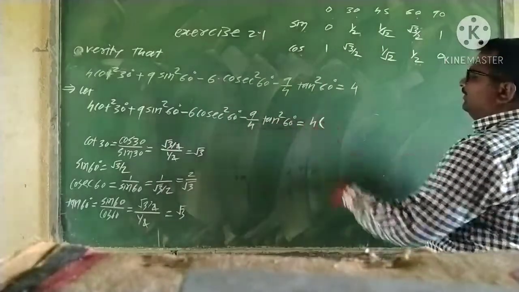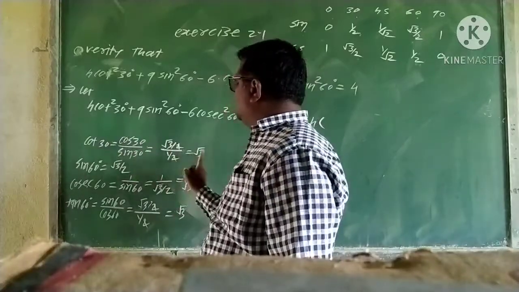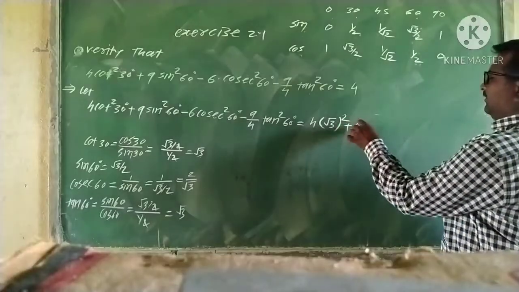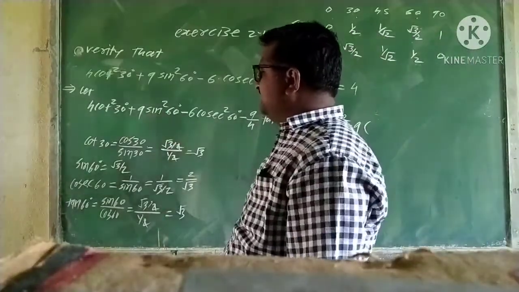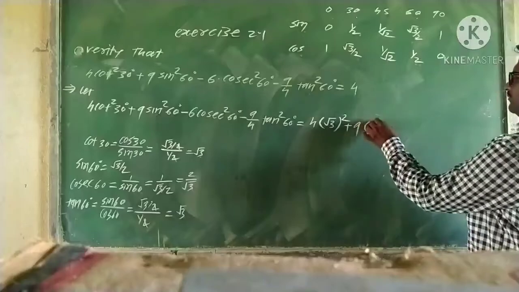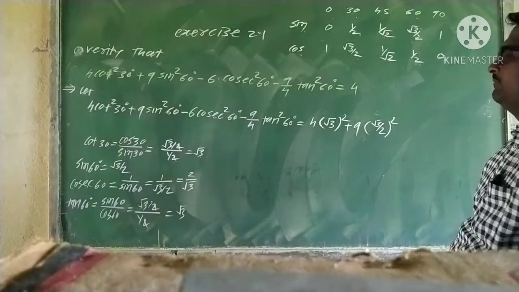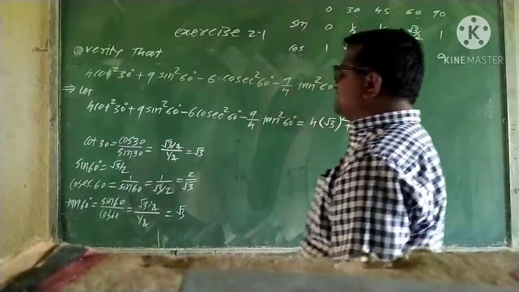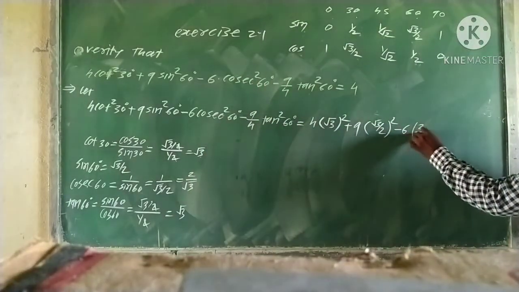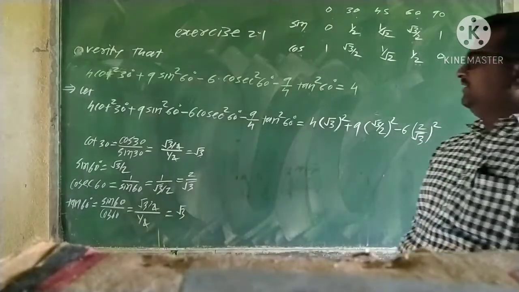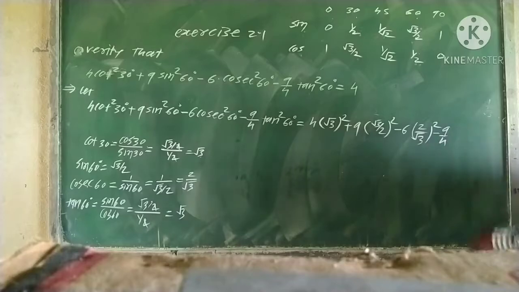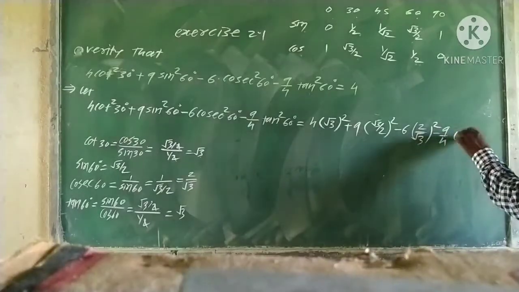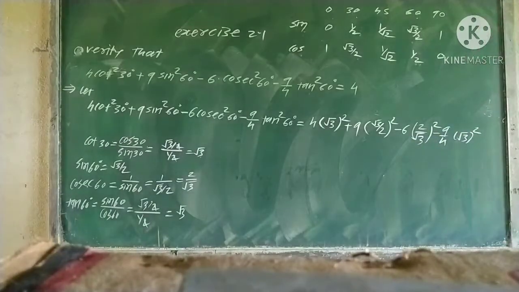So 4 in bracket the cot of 30, that is square root 3, its square, plus 9 in bracket sin of 60, square root 3 divided by 2, its square, minus 6 into cosec square of 60, that is 2 upon square root 3, its square, minus 9 divided by 4, tan of 60, that is square root 3, its square. Now here solve these terms.